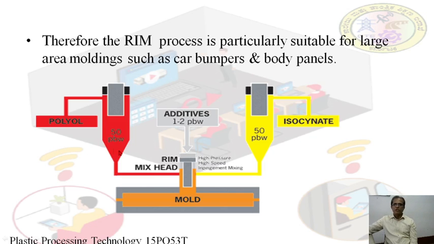Therefore, the reaction injection molding process is particularly suitable for large area moldings such as car bumpers and body panels.